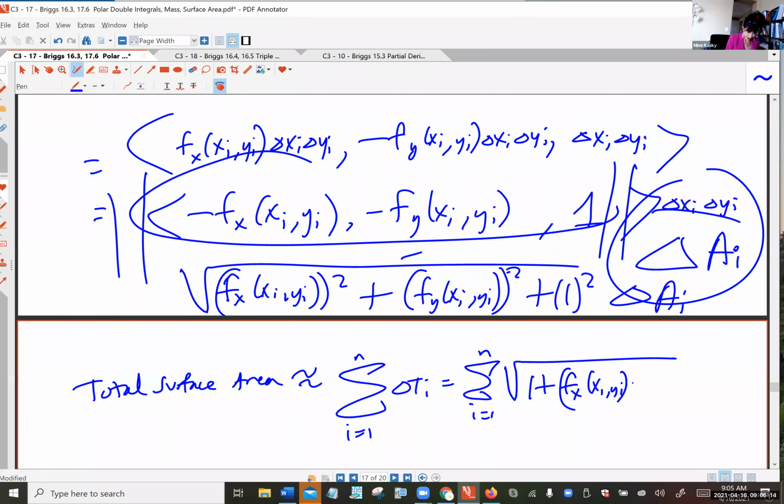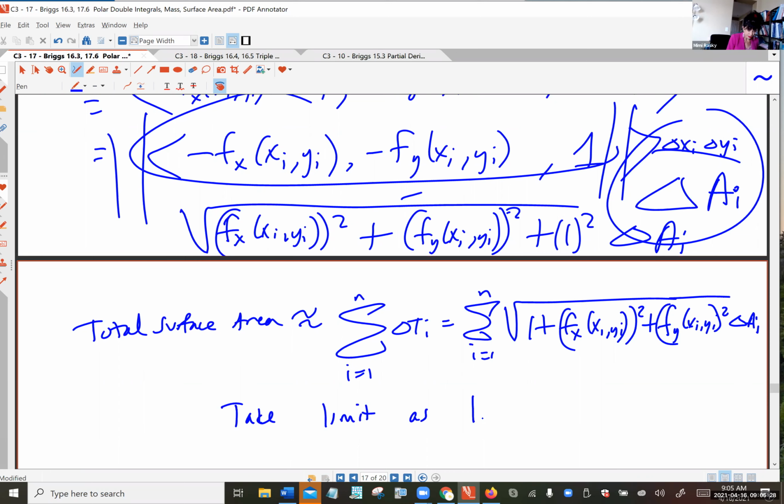Okay. So you're like, oh, okay, I got this big mess here. Oh man, this is horrible. Really? Is it this bad? Yes. Sorry. And take the limit as you tighten the partition. So as the norm of the partition goes to 0, or each of those little rectangles gets teenier and tinier, and then you're good.